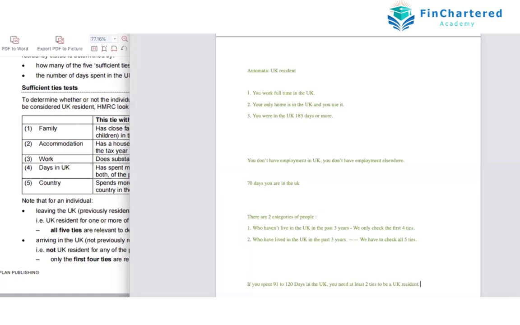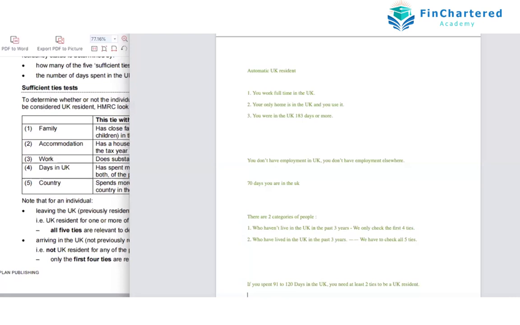Maybe you need to have a close family member or a house, or maybe you need to have a close family member plus a substantial amount of work in the UK. So if you're spending 91 to 120 days in the UK, you need at least 2 ties.